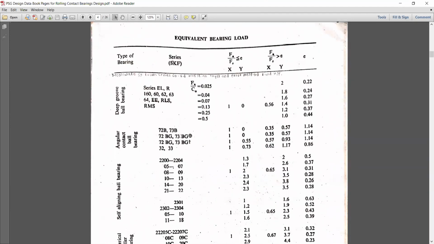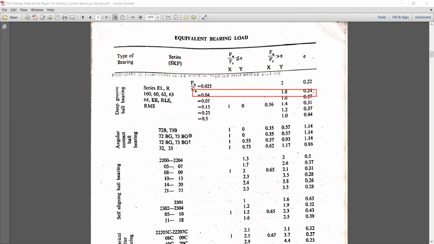So here is the deep groove ball bearing, and the given value of Fa upon C0 ratio is 0.041. So we have selected this column. In this column, the value of e is 0.24, but we have Fa upon Fr ratio of 0.4.